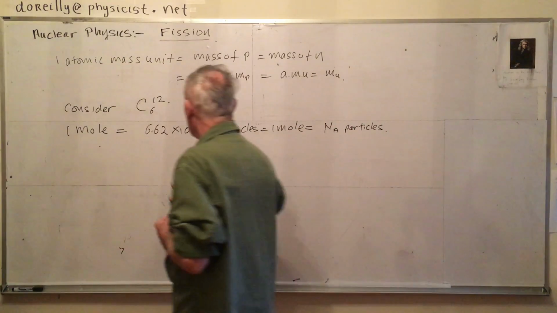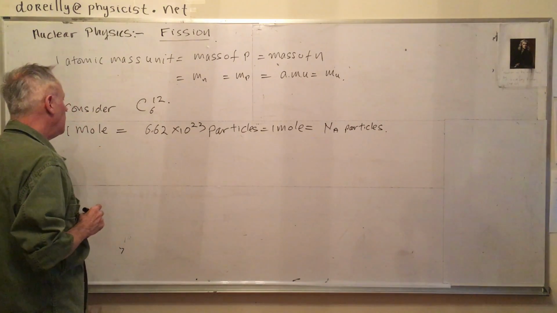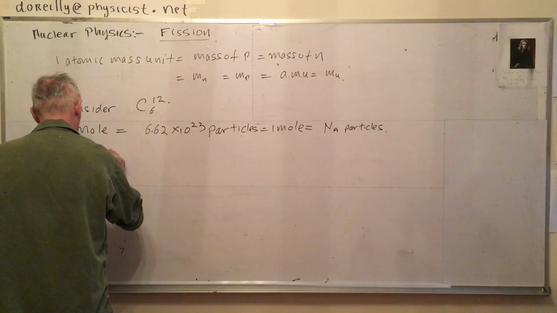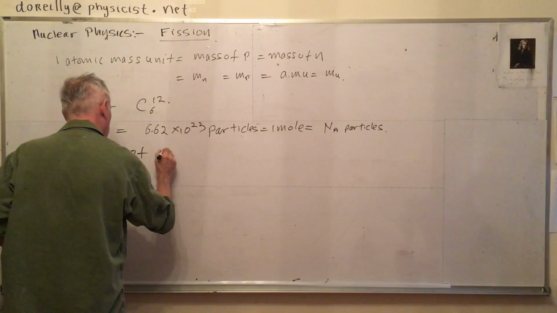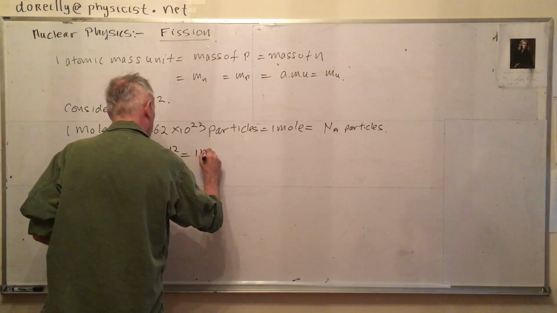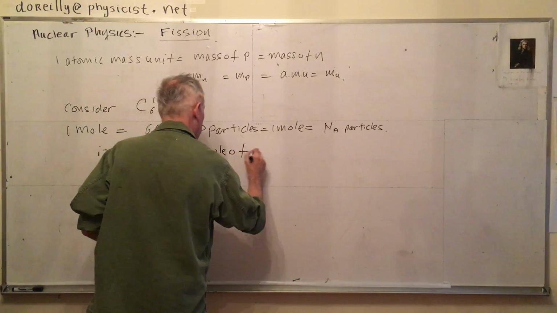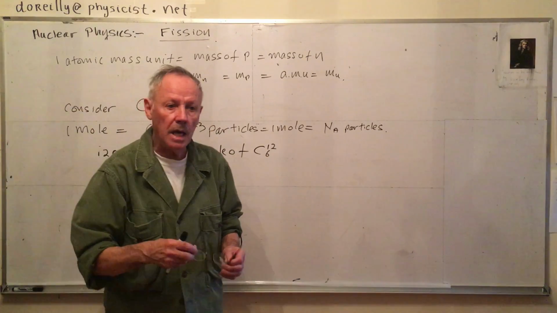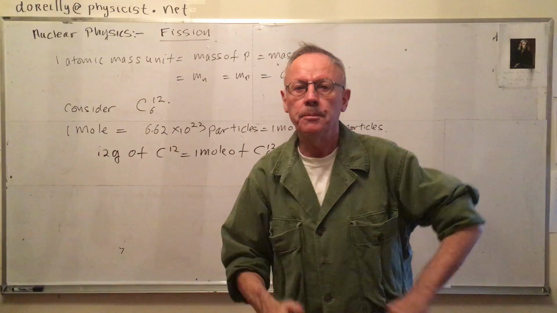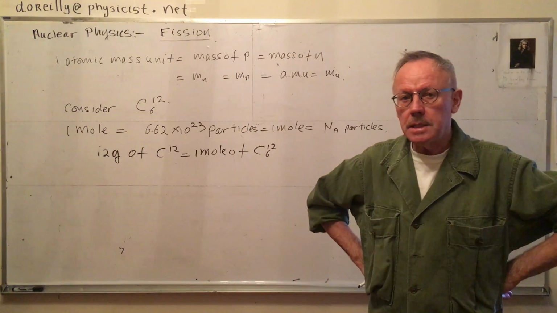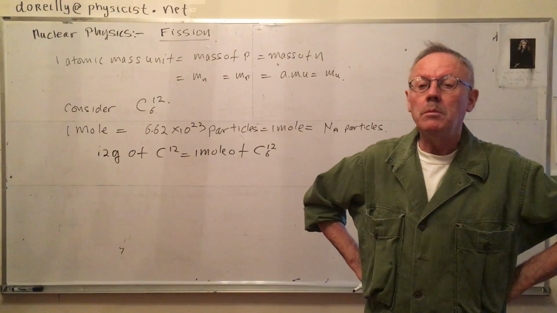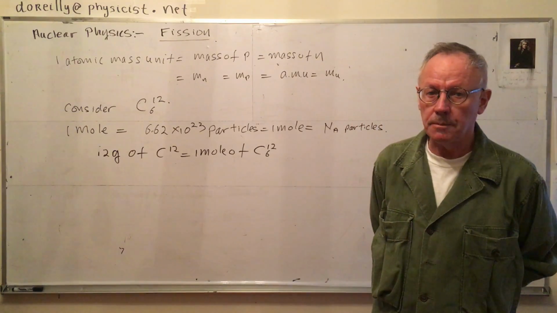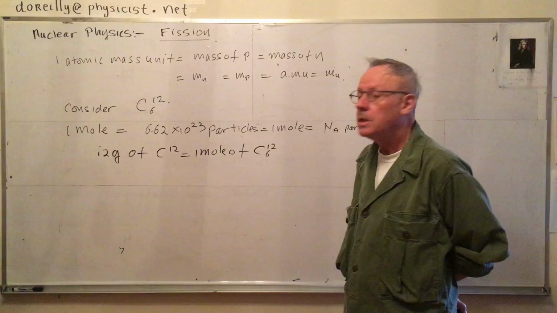So, how many grams of carbon atoms? One mole of carbon atoms is 12 grams of carbon atoms. 1 mole of oxygen atoms is 16 grams of oxygen atoms. 1 mole of uranium-235 atoms is 235 grams of atoms. 1 mole of hydrogen atoms is 1 gram.